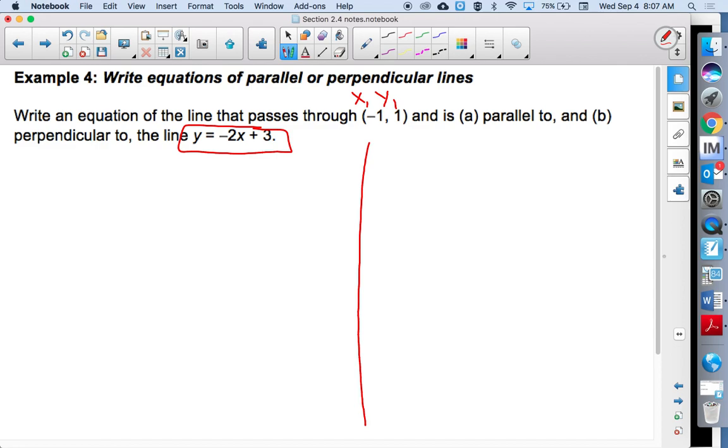Our goal is to come up with a second line that would be parallel with the original line, and then another line that would be perpendicular with the original line.